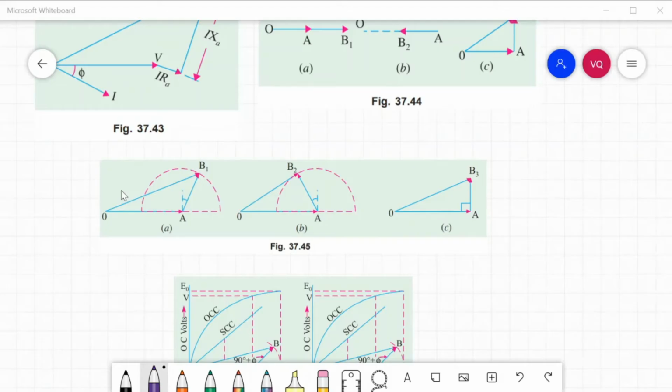Field ampere turn OA corresponds to V, or if RA is given, V plus the IRA drop, laid off horizontally. Then AB1, representing the full load short circuit field ampere turn, is drawn, for lagging power factor, at an angle of 90 plus theta, your power factor angle.